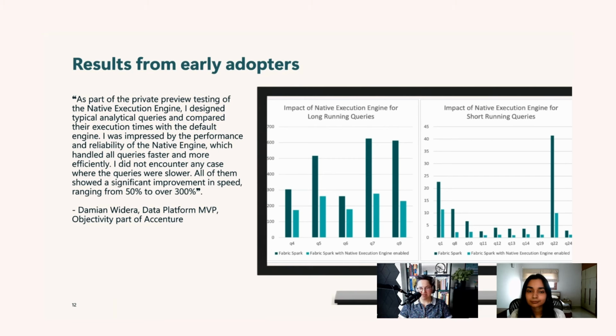One of them, the MVP, Damian Videra, has run and designed typical analytical queries, and he ran them, first of all, just with Apache Spark on Fabric, and then he enabled the native execution engine. We have analyzed the telemetry, but also the results coming from him. The boost was from 50 to over 300%, which is astonishing, especially given that, as of now, there are no costs associated with the usage of native execution engine.